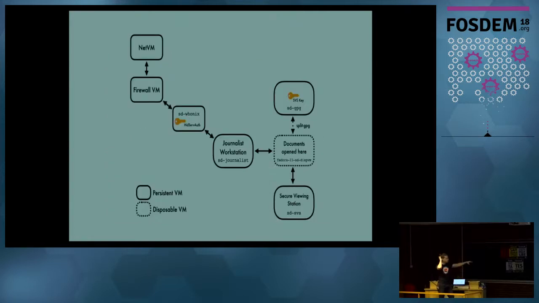This was brought up earlier in another presentation, but loosely, this would be the workflow. When the journalist connects, they would connect through Whonix to get their Tor circuit out to the SecureDrop application server, pull this stuff down, and then each document would be opened in a disposable VM.